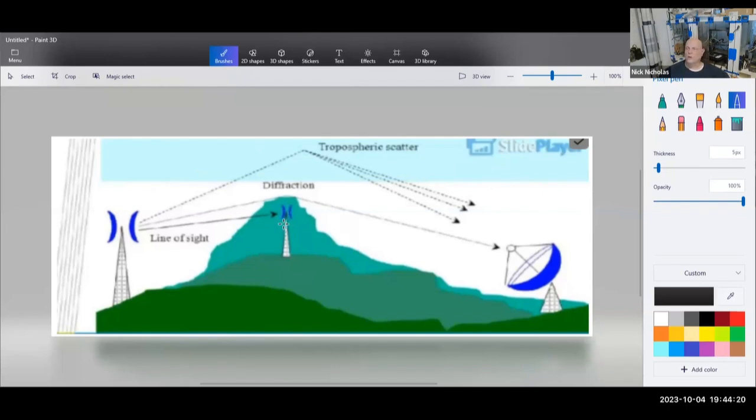Trust me, in Michigan, we don't have very many mountains to do this with, but other places do. And now, if that repeater is up on the top of this mountain, for example, if the antenna is up here, that's not a happy face, but anyway. Well, then our signal can come up through it and get repeated back down.